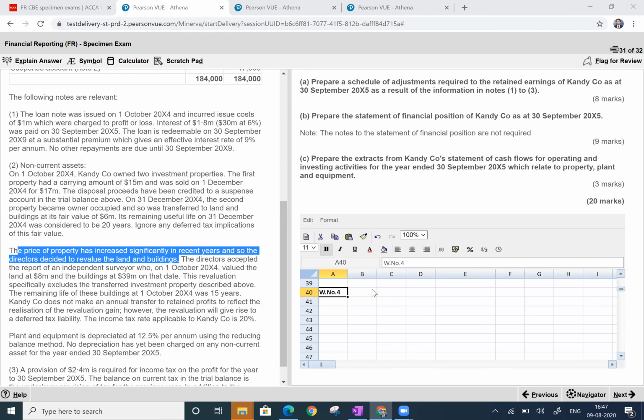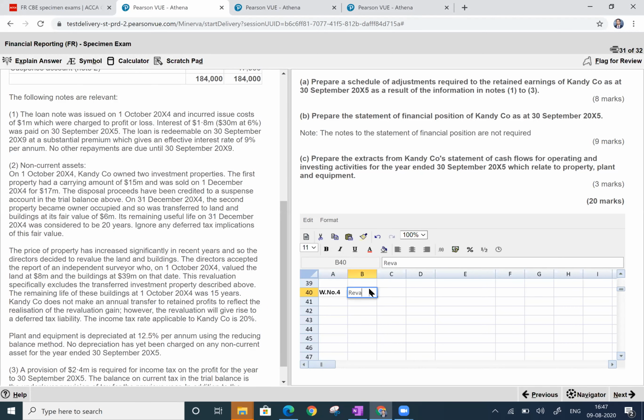Okay, so working note, revaluation. They have given when it was revalued: 1st October 20X4. Fair value of land is 8 million, so 8,000, and building 39 million, 39,000.